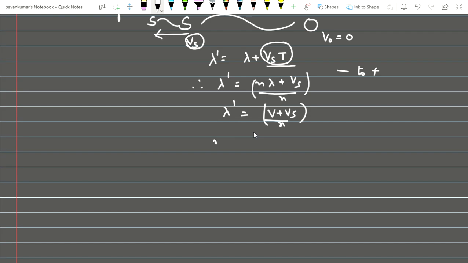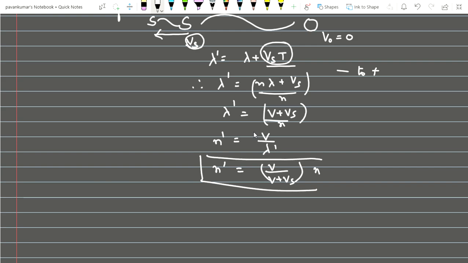Apparent frequency is given by V by lambda dash, which is equal to V divided by (V plus Vs) into n. N dash is the apparent frequency heard by the observer.